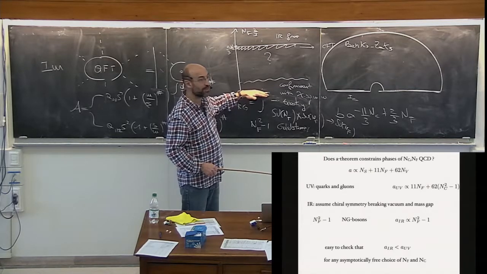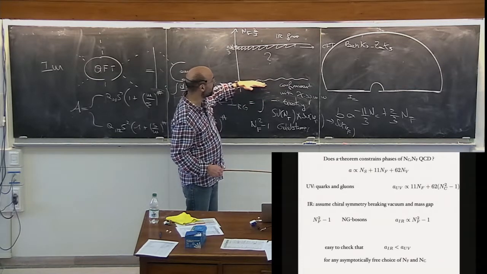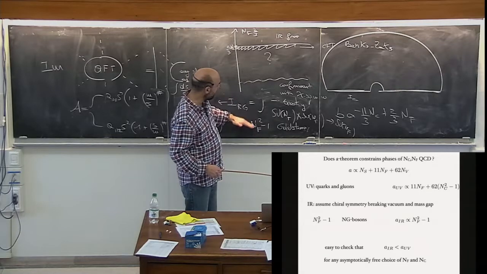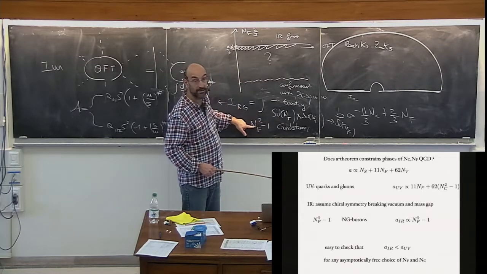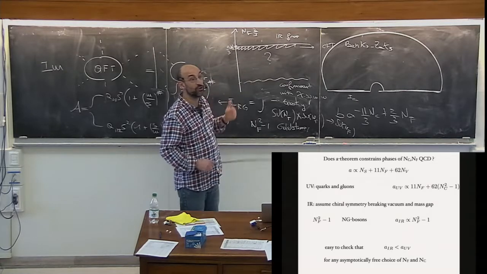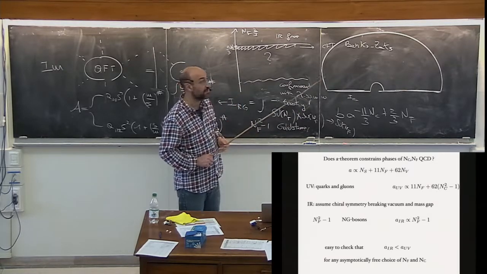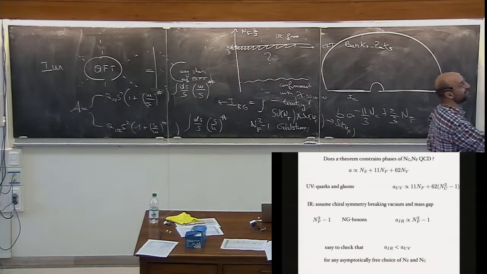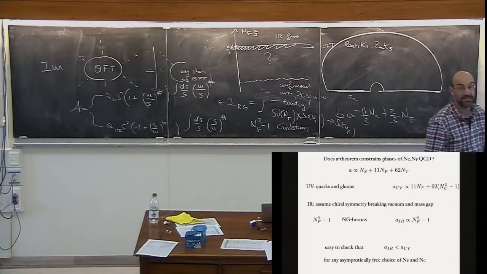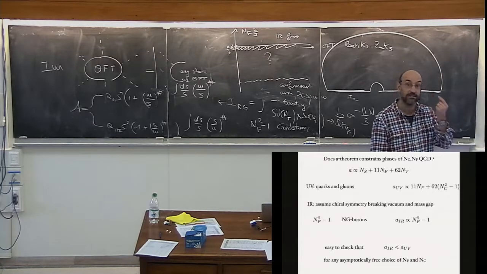So one may wonder whether, when NF becomes larger, since this grows, perhaps you can no longer saturate A_UV minus A_IR. But that is not the case, because what really dominates A in the UV is the number of vectors. One vector has a value 62.